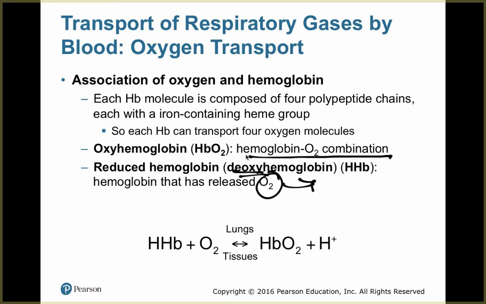And so basically it goes back and forth, right, between being separate and bound. This essentially happens in the lungs, and so in the lungs it goes from being separate to being bound. And then in tissues, it goes from being bound and it separates, and then we end up using this for cellular metabolism, and then this goes back through the circulatory system.